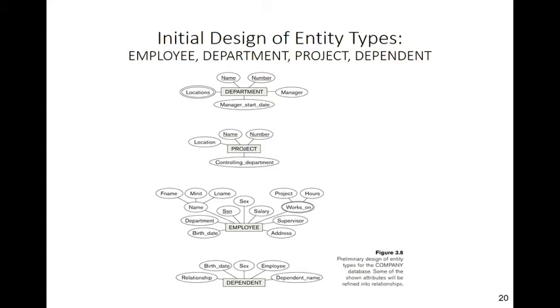Now, you could make the argument that there's a manager of a department, I want to know who that is, but the scenario that you're looking at is, I have this other entity called employee that I'm also keeping track of, and I would think that a manager is probably an employee as well.